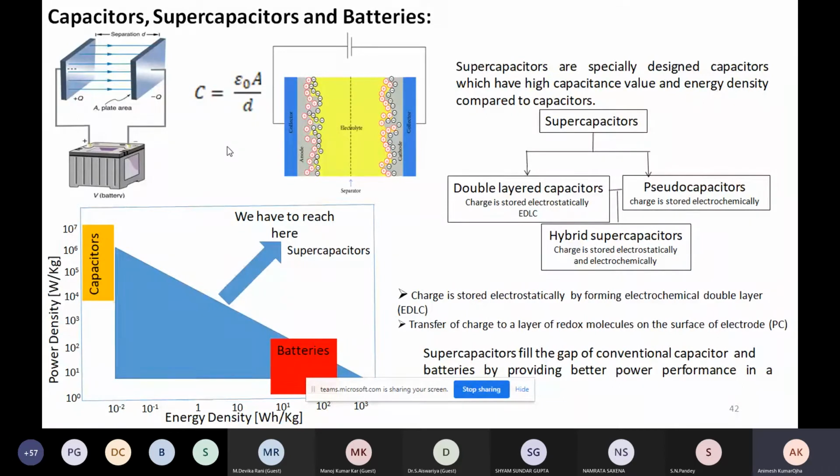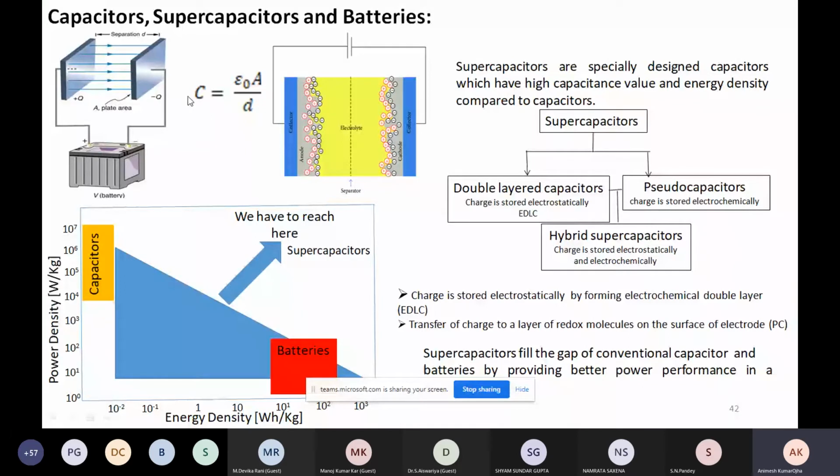If you develop this technique, that is the technique for the supercapacitor. This enhancement of energy can be done by reducing this D. If, without changing the physical position of these two plates, you somehow decrease the distance between the two plates, obviously the capacitance will increase.